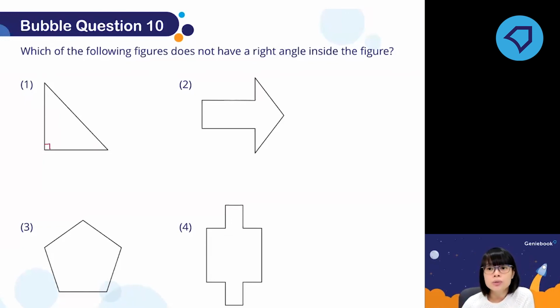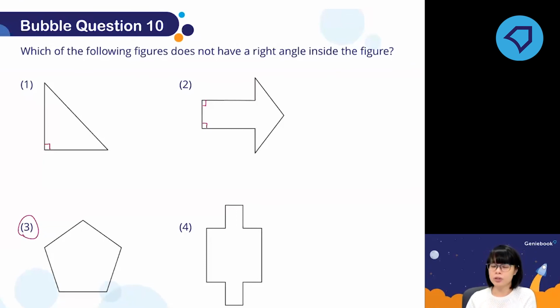Option number 2, there's right angle, right? How many right angles are there inside the figure? There are 2. Excellent job. We have 1 and 2. Please do not consider this and this because the right angle is outside of the figure. Okay. Option number 3, are there any right angles in option number 3? None. So this would be your correct answer. Okay.